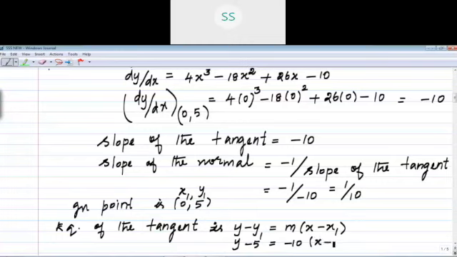What is your x1? 0, right? Which implies y minus 5 equal to minus 10x, right? You shift minus 10x to the left side, make the right hand side become 0.